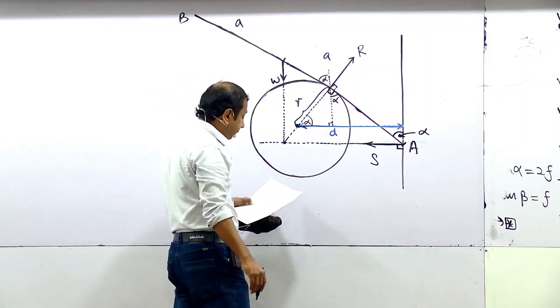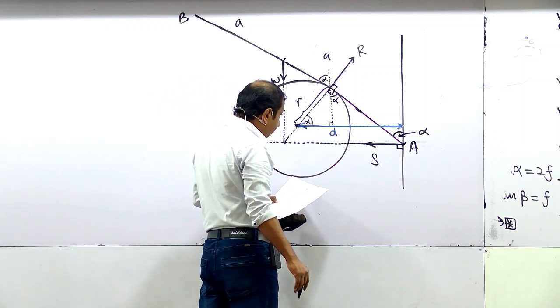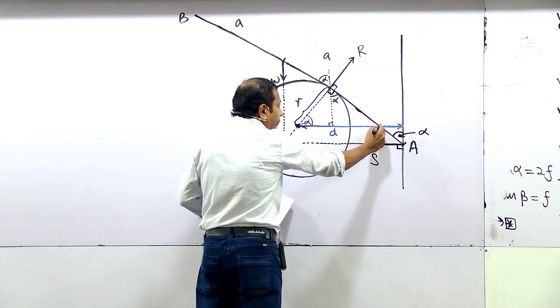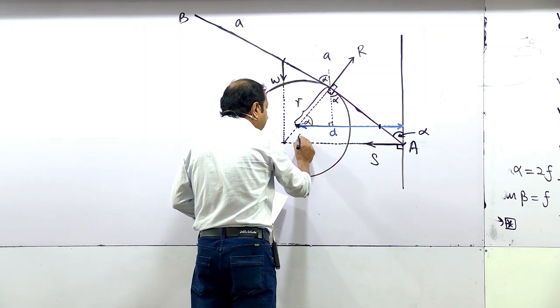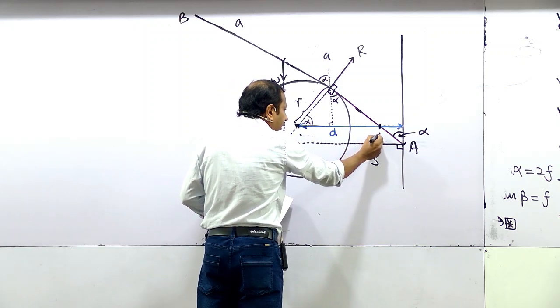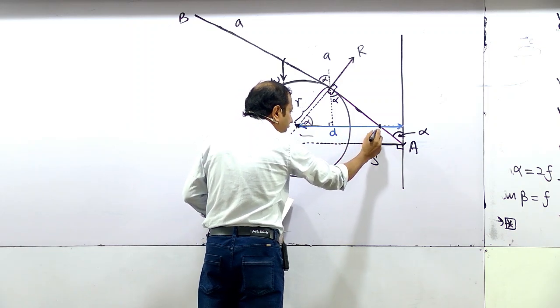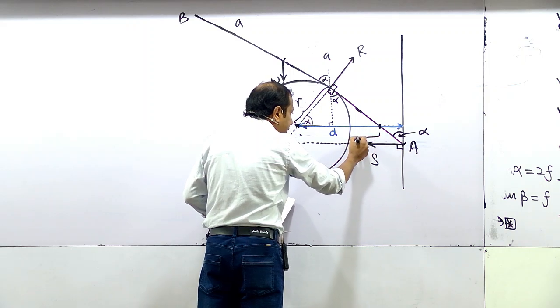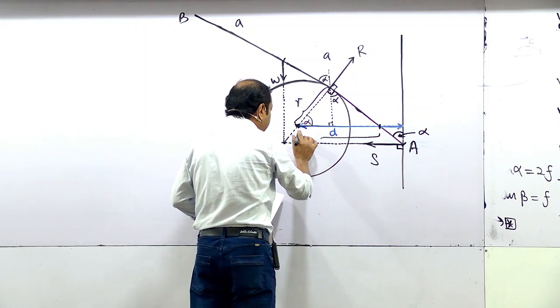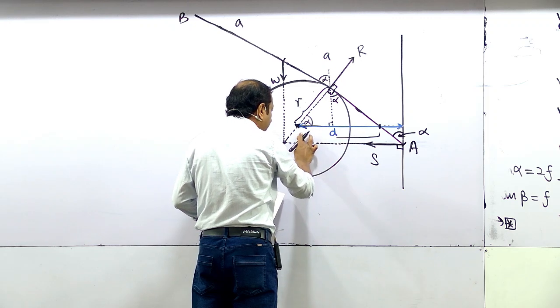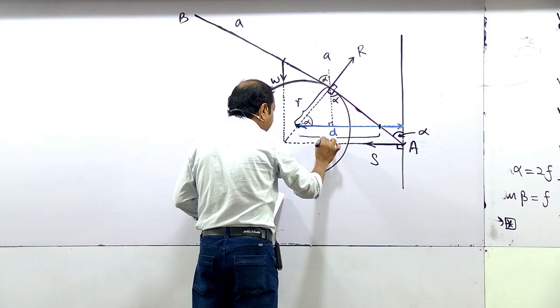I will take the length from here to here as x. Actually, these lengths are very important in this case to get the answer. It's a very simple question, but a very good question.